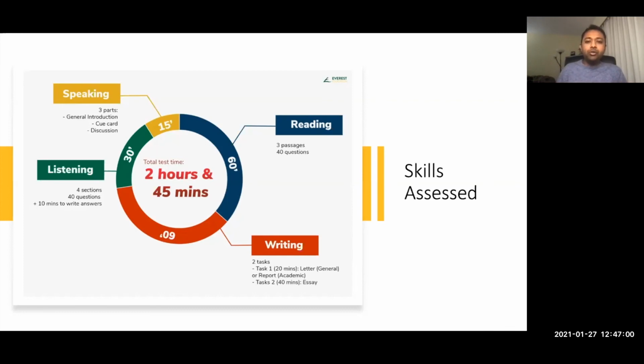So there you have it. Those are the different components of the test, different skills that are tested in a language. And it's really important for us to score good bands in each of these, because an average is what you have as the overall band.